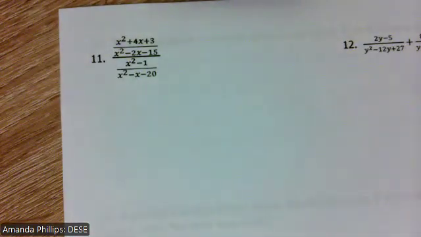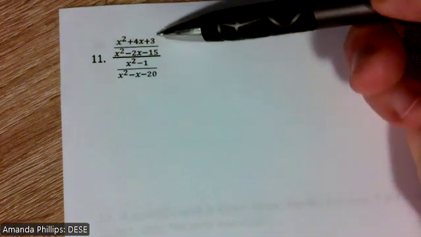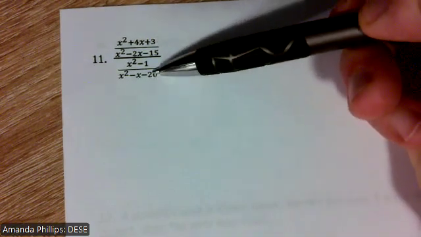All right, so number 11, we are simplifying, and it looks terrifying, but it's a complex fraction. Okay, that's all it is. And it's a division and division, division. So it's actually not going to be one that's too difficult. So the first thing I'm going to tell you guys to do is to rewrite it as an actual division problem.